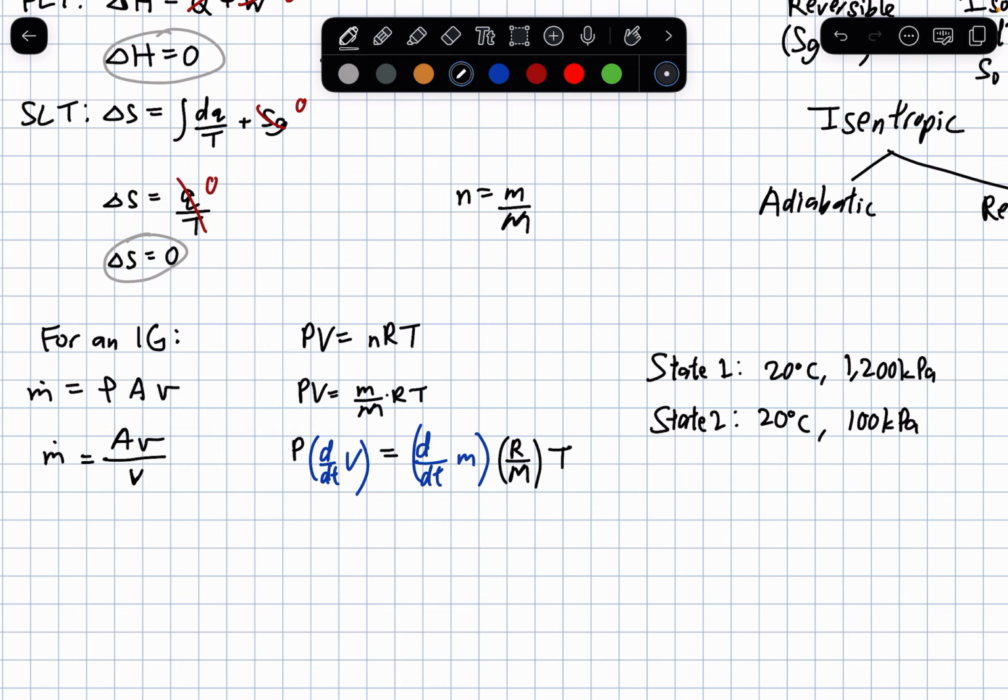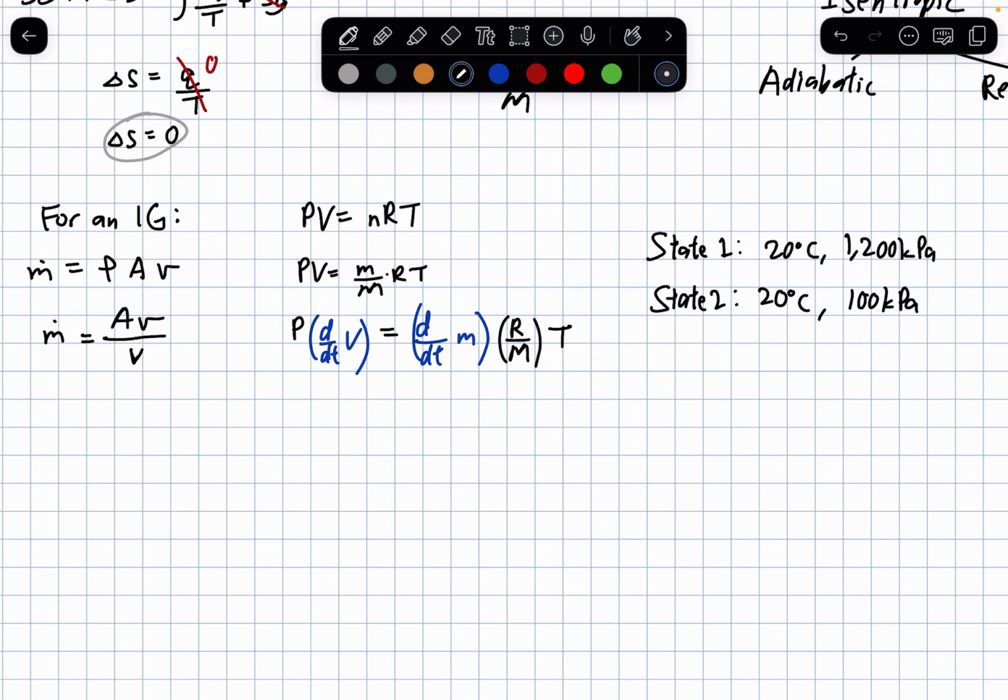R over m is going to be the specific gas constant. This one is volumetric flow rate, which is equal to area times velocity. So technically, P times area times velocity equals mass flow rate times R specific times T.